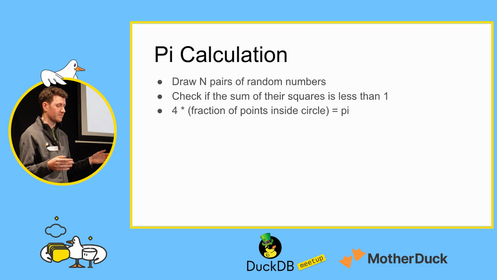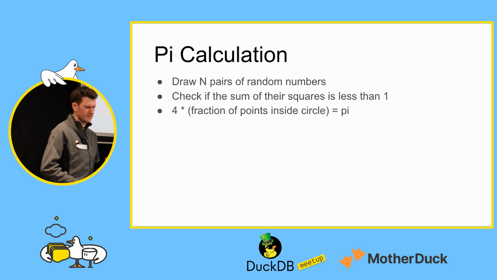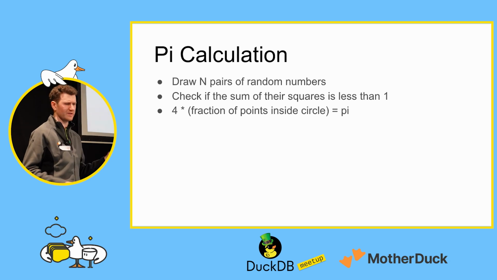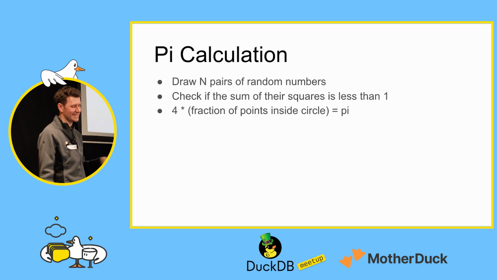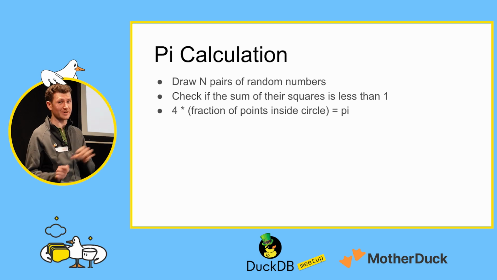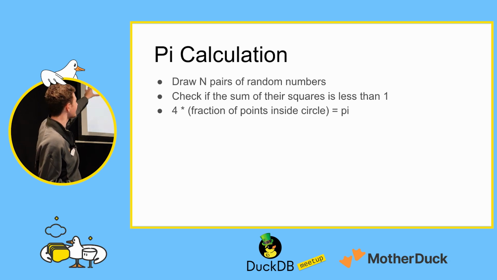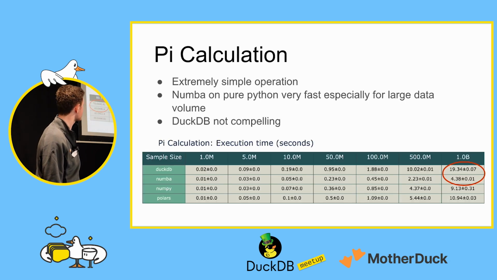We check if the sum of their squares is, or actually no, we're going to draw points from -0.5 to +0.5, I guess, and -0.5 to +0.5 on the y-axis, and we're checking if they're inside this radius of 1. Maybe I've messed that up, but there's a formula we can do. You can write this in a SQL query using stuff like generate_series. I haven't actually written any of the SQL here because it's not an easy way of putting it in the code. But what I want to talk about now is let's just look at some results.